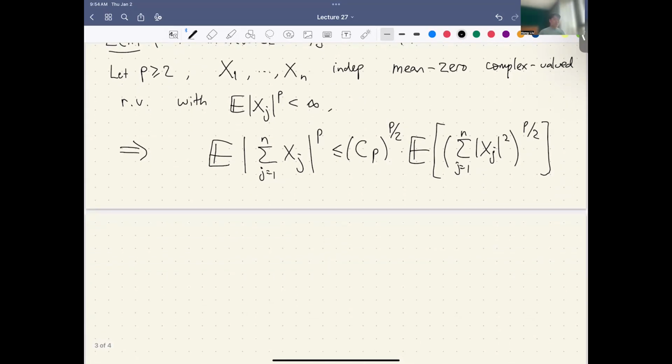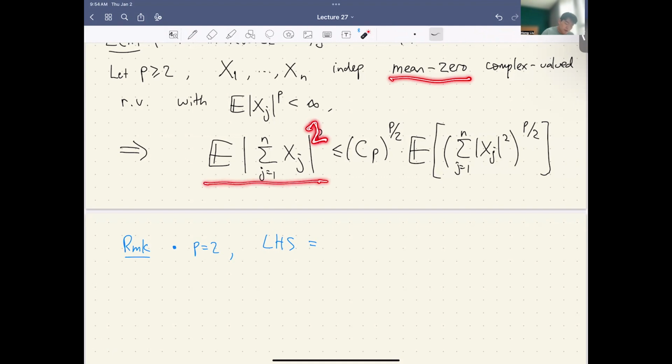It looks a little bit complicated, but maybe let's look at a special case to understand it slightly better. Look at the case p equal to 2. When p equals 2, what do we have? Look at the left-hand side. Because this is mean 0, if this is 2, this is basically the variance of the sum of these random variables xj.